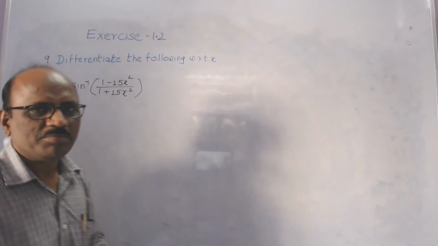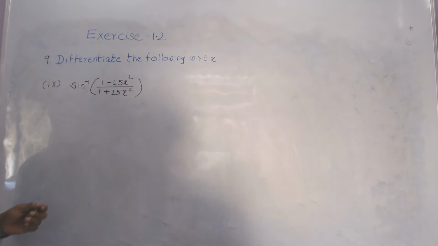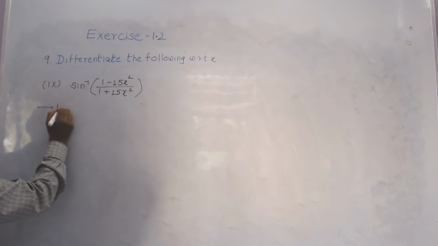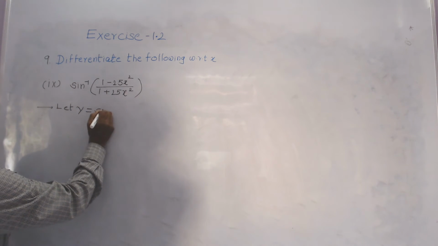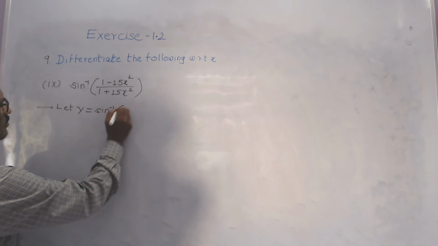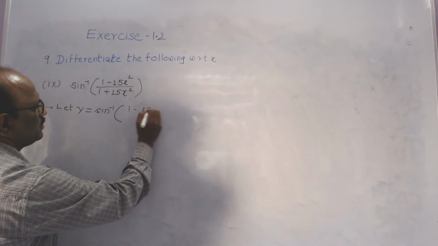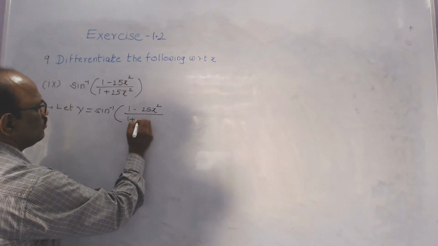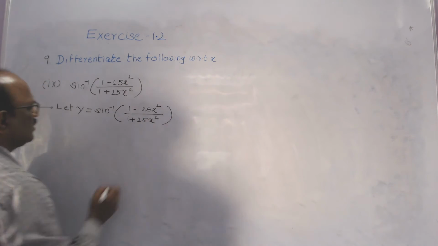Now the next problem is sine inverse of (1 minus 25x square) upon (1 plus 25x square). Now let y is equals to sine inverse in bracket (1 minus 25x square) upon (1 plus 25x square).